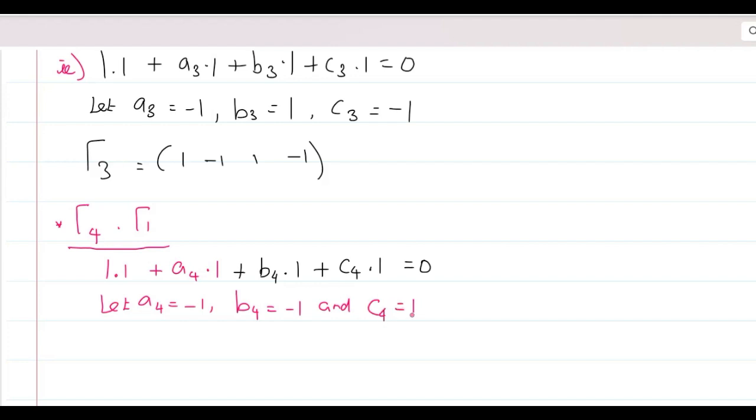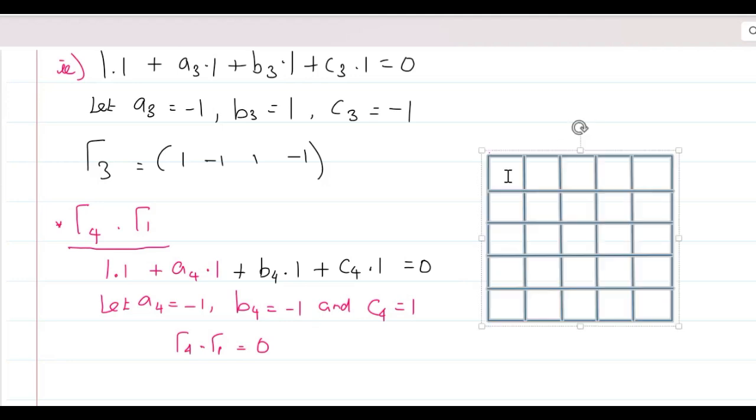Plus 1. Okay, in that case, the product of irreducible representation 4 with the first will become 0. So finally, what we have got, we will summarize here.